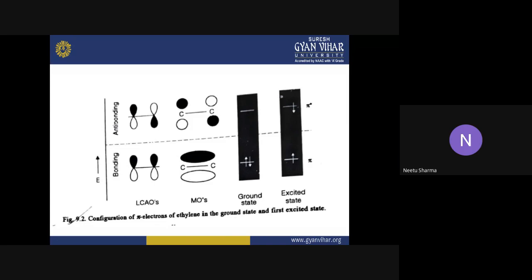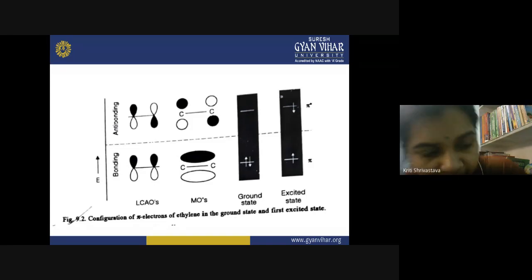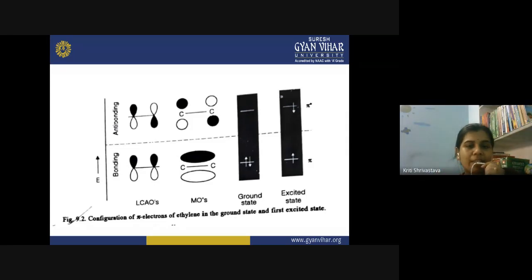Okay, so let us quickly discuss the molecular orbital diagram of ethylene. In ethylene we have 2 carbons and 1 pi bond. So the 2p orbitals on the 2 carbons will go for the linear combination of atomic orbitals, and we will get 2 molecular orbitals, right? Since only 2 atomic orbitals are involved, we get only 2 molecular orbitals.